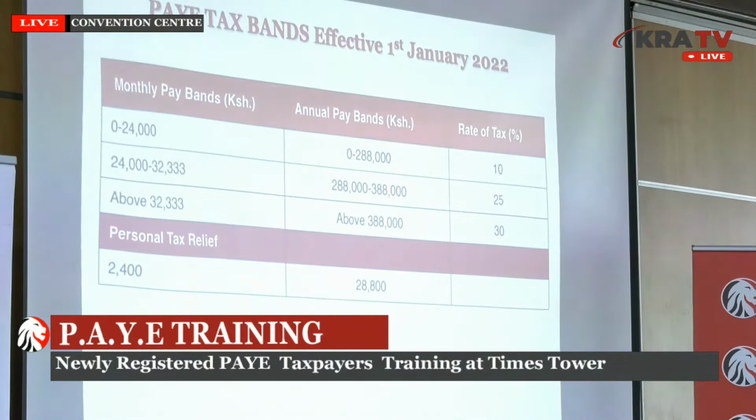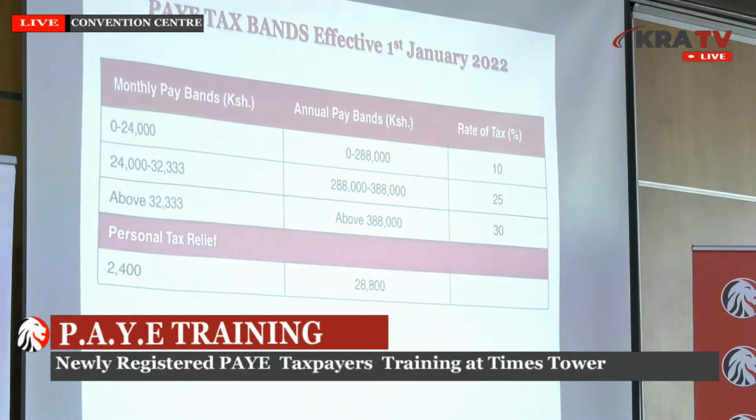If this person is earning any amount that is over 32,333, you tax at 30%. So take an example of someone who's earning 24,000. 10% of 24,000 is 2,400. For this person, there is no other amount that will spill over to the second band.